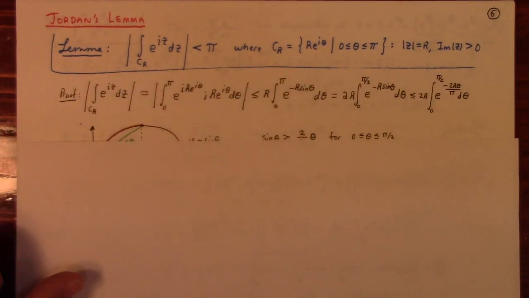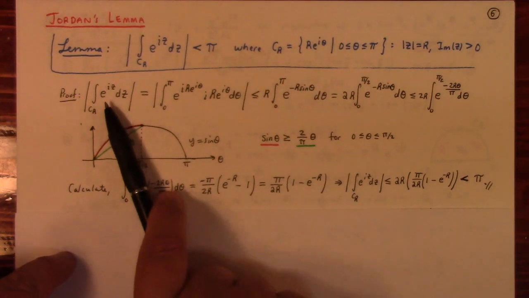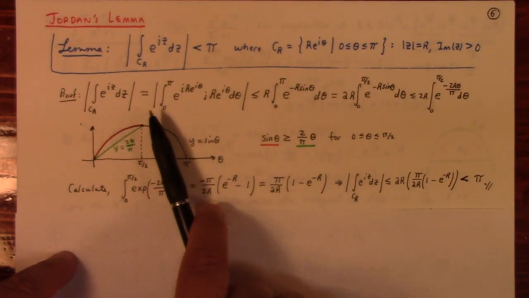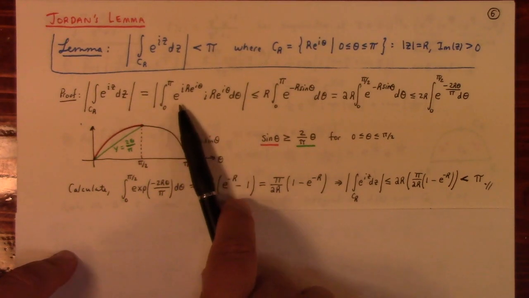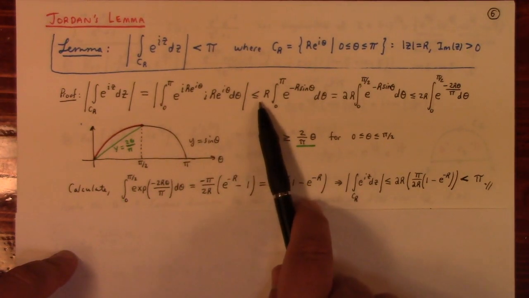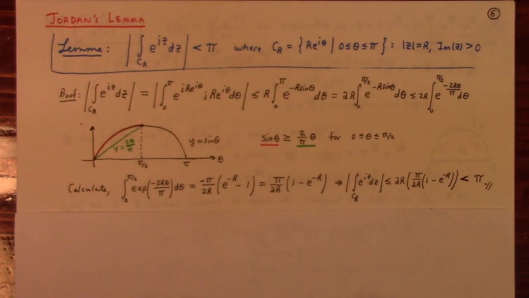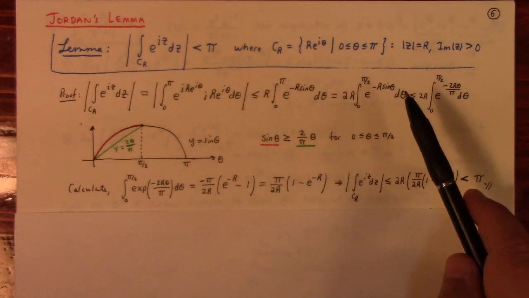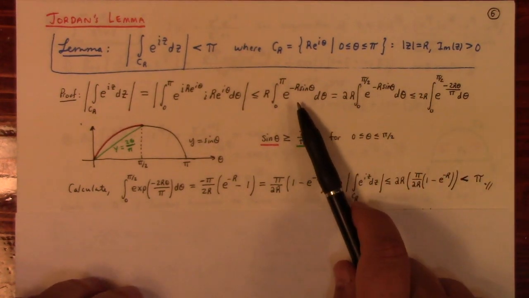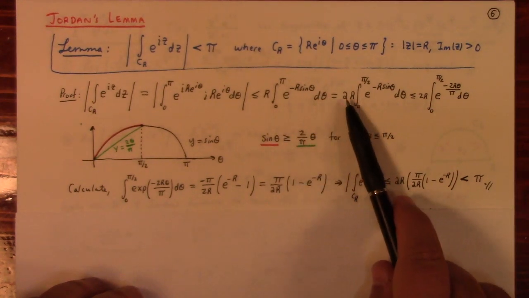So the proof is just a calculation, pretty much. Here it is. So this is equal to that. I'm just putting in z equals r e to the i theta, and then that simplifies to r e to the minus r sine theta. It's essentially the calculation I did in a previous example. And then by symmetry, we can just double the integral from 0 to pi over 2.